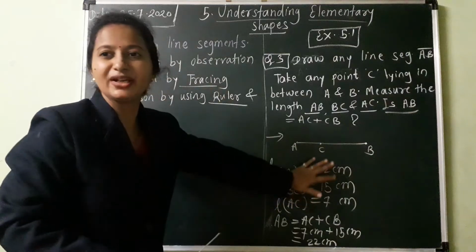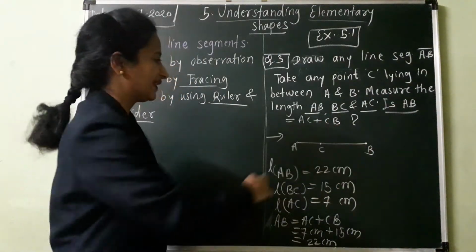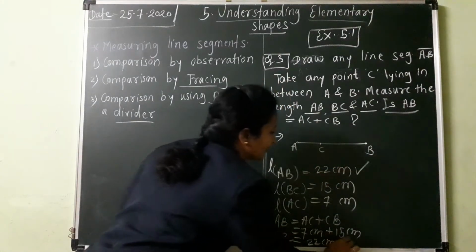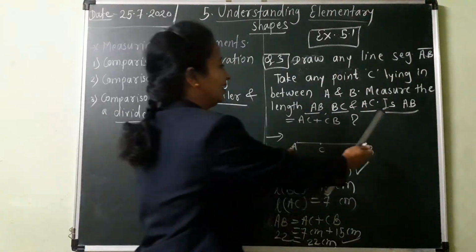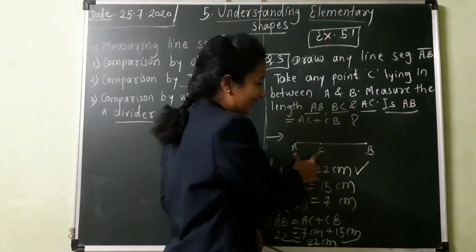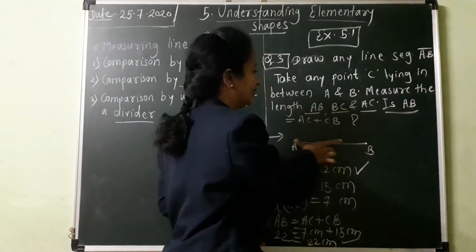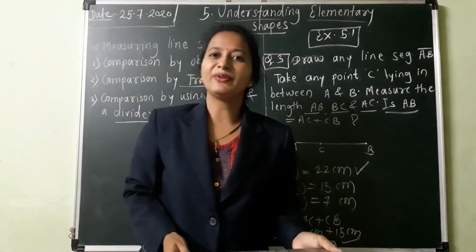And what measurement for AB did we get? It is 22 centimeter, which means yes, correct. The length of AB is equal to the length of AC plus the length of CB, which gives the length of the AB line segment. Is it clear to everyone?